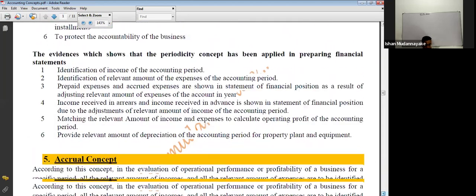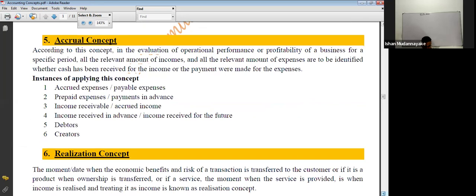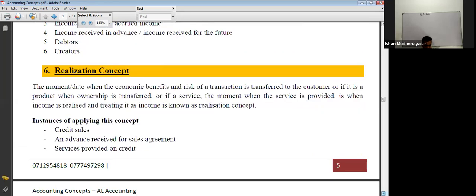And then accrual concept. Relevant income and relevant expense should be recorded. Realization concept directly influences SLFRS 15, revenue from customer contracts. Why does SLFRS 15 apply to the realization concept?